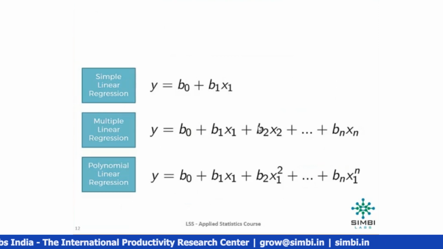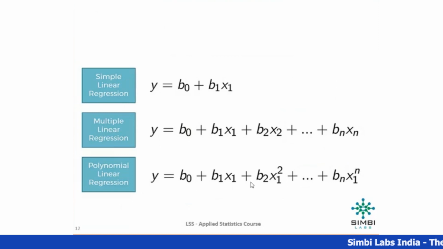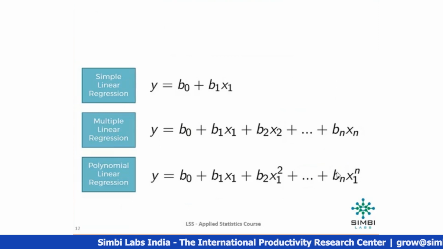It continues for however many independent variables there are in the multiple linear regression. Whereas in polynomial regression, we have the nth term: b0 plus, same as multiple regression, b1 into x1 plus b2 into x1 square plus so on, and bn into x1 power n.